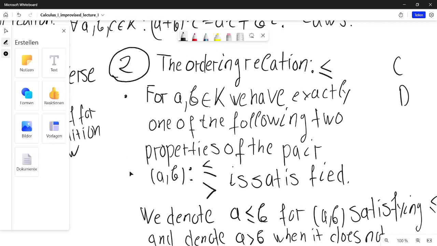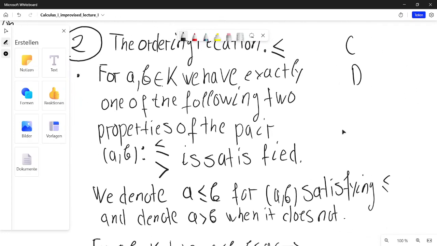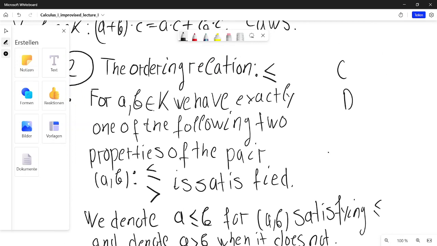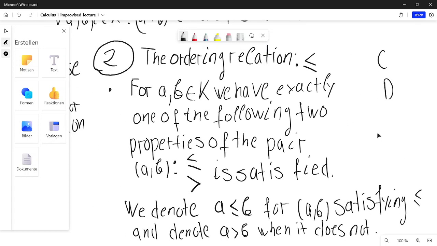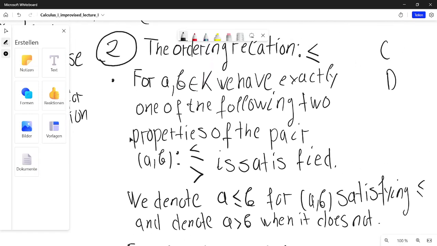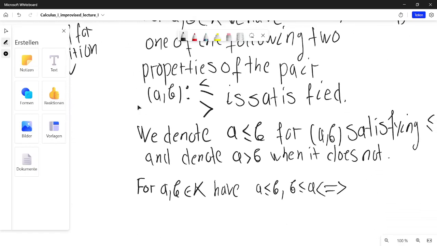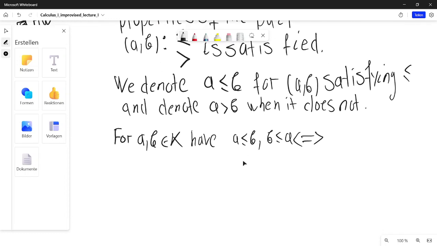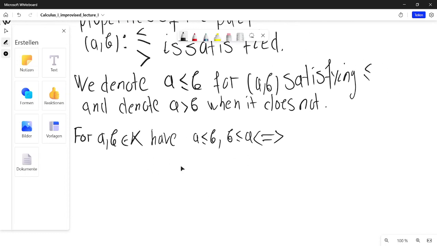This is a relation with the following properties. Just the title. For A, B, and K, we have exactly one of the properties satisfied. And this is continuing the definitions.